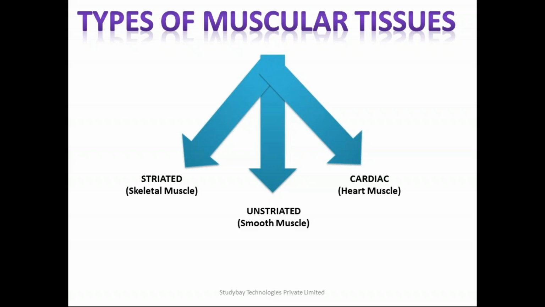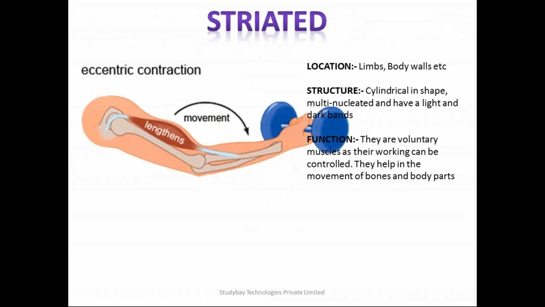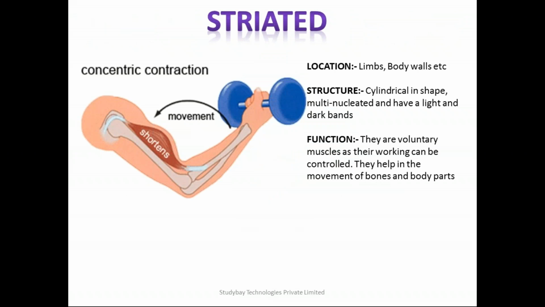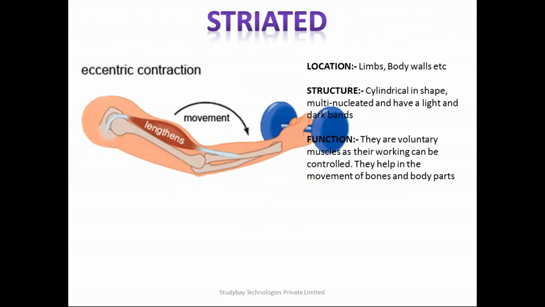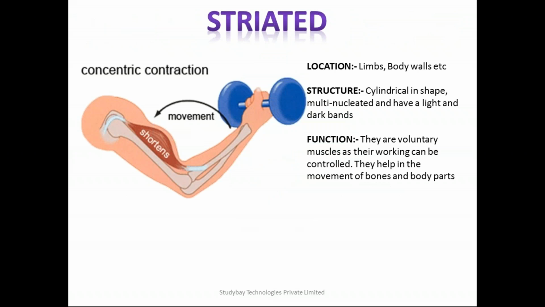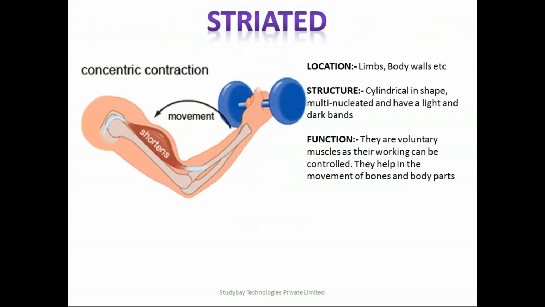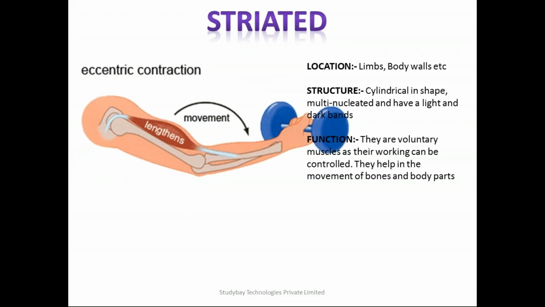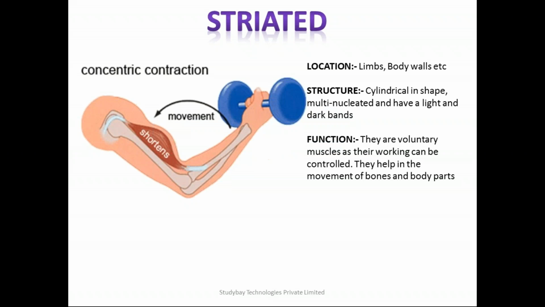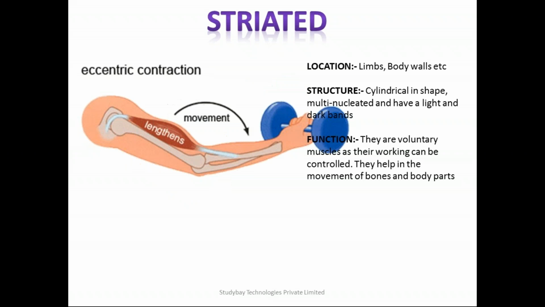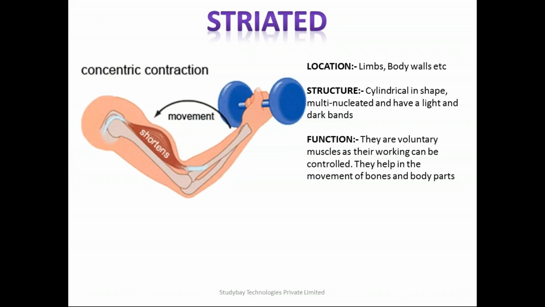So let's discuss all of them one by one. First one, we have striated muscle. You can see here that this is basically used for the arms, and it is there in legs as well. The location is limbs, body walls, etc. The structure is they are cylindrical in shape, multinucleated, and have light and dark bands.